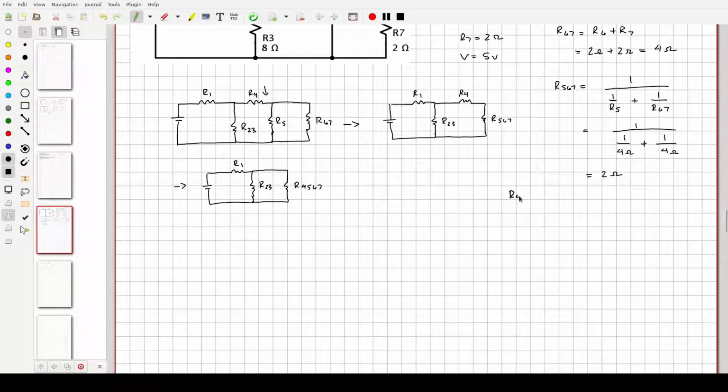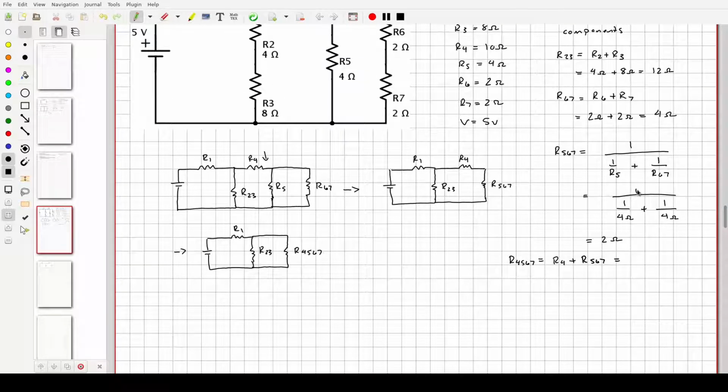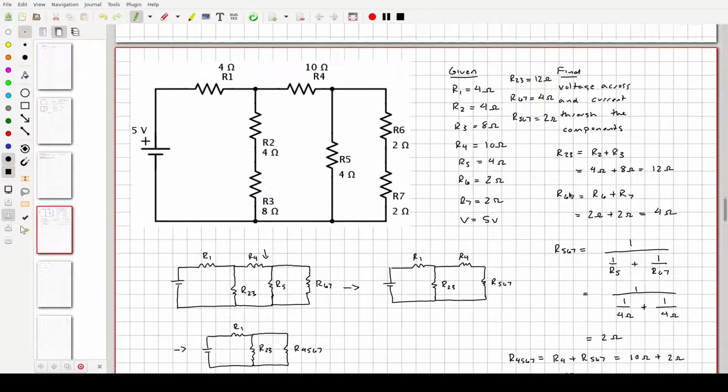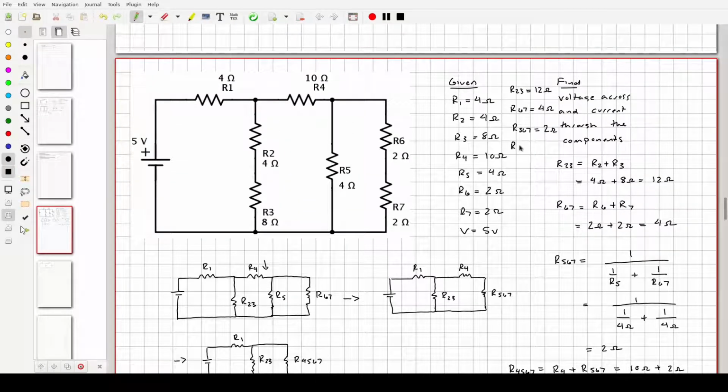So R4567, they're in series, so that's just R4 plus R567. R4 is 10 ohms. R567 is 2 ohms. So that's 12 ohms. So let's keep track of that. R4567 is 12 ohms.